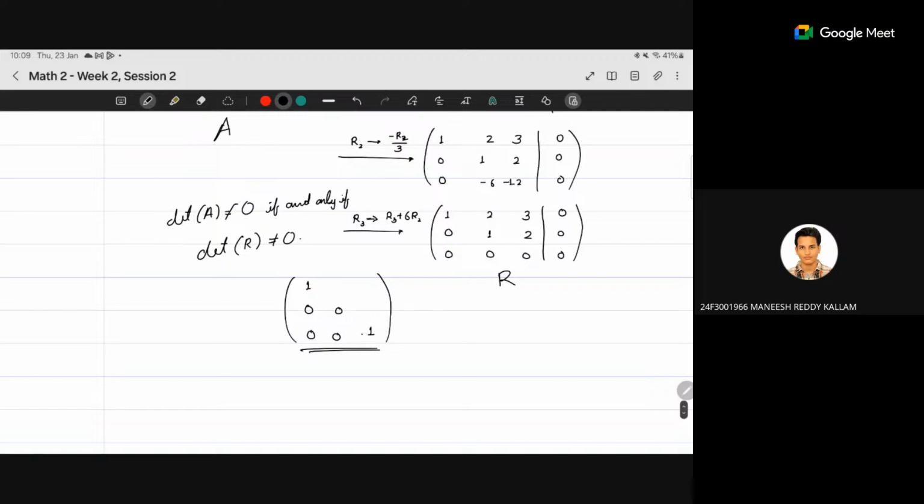It will happen something like this, or possibly even something like this. But in any case, the upshot is that there will be at least one independent variable. As soon as you have an independent variable, that is free to take any value. So you'll have infinitely many solutions.